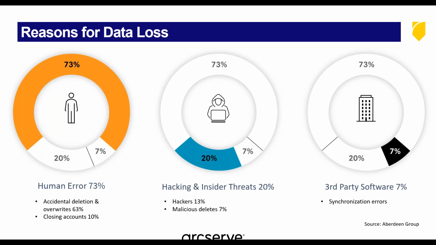SaaS applications typically have third-party plugins. The closest example we experience is the synchronization problem. I think most of us have at some point faced some issue losing email data or our OneDrive or SharePoint data, due to inconsistency between multiple devices: your notebook, your tablet, your mobile.